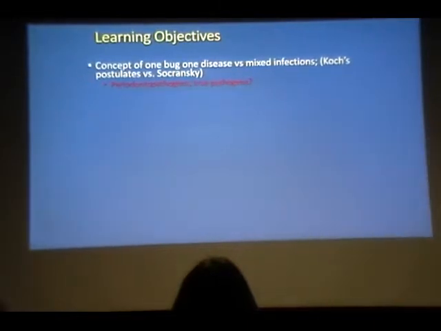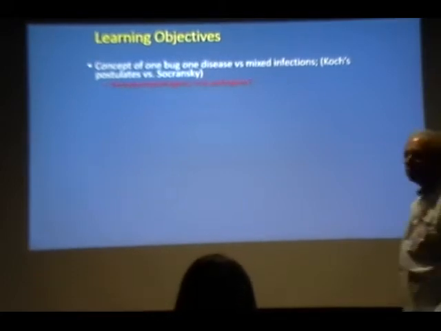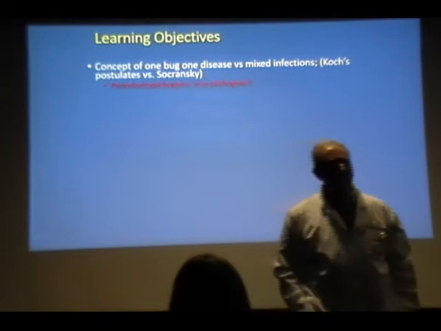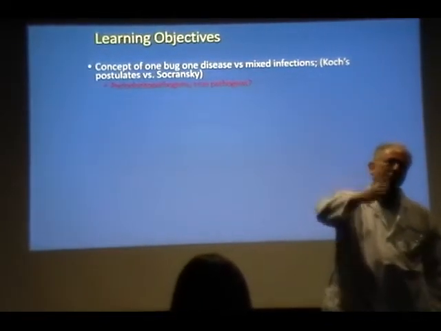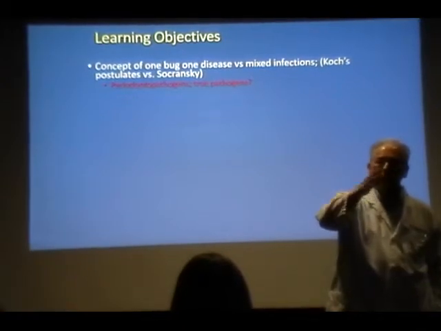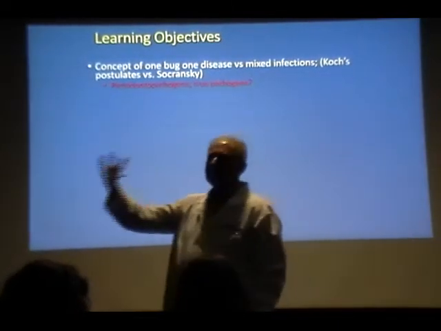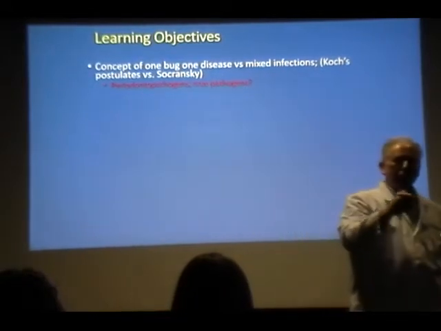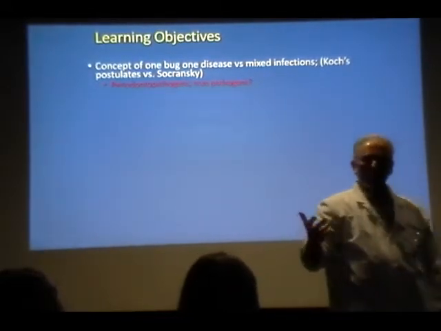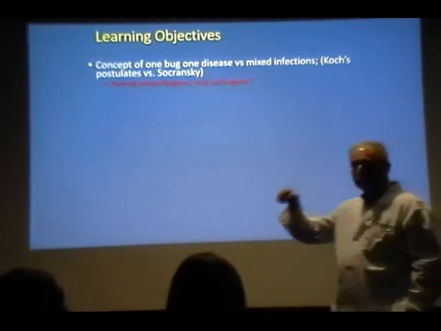So you may have heard of Mycobacterium tuberculosis, and the principles behind isolating that organism from a human, putting it into an animal, and recapitulating the disease in that animal as it appears in a human, and then isolating that organism from the animal that is essentially the same organism that was isolated from the human.